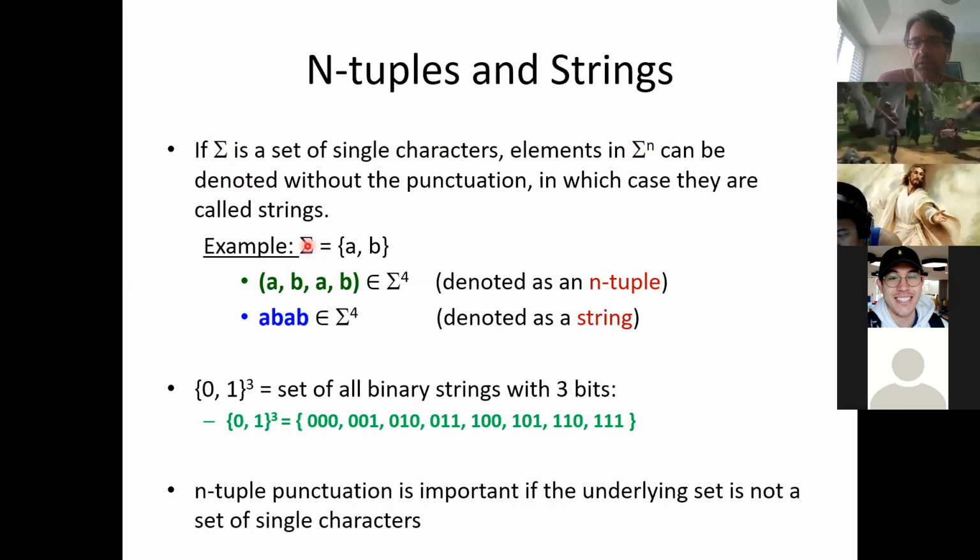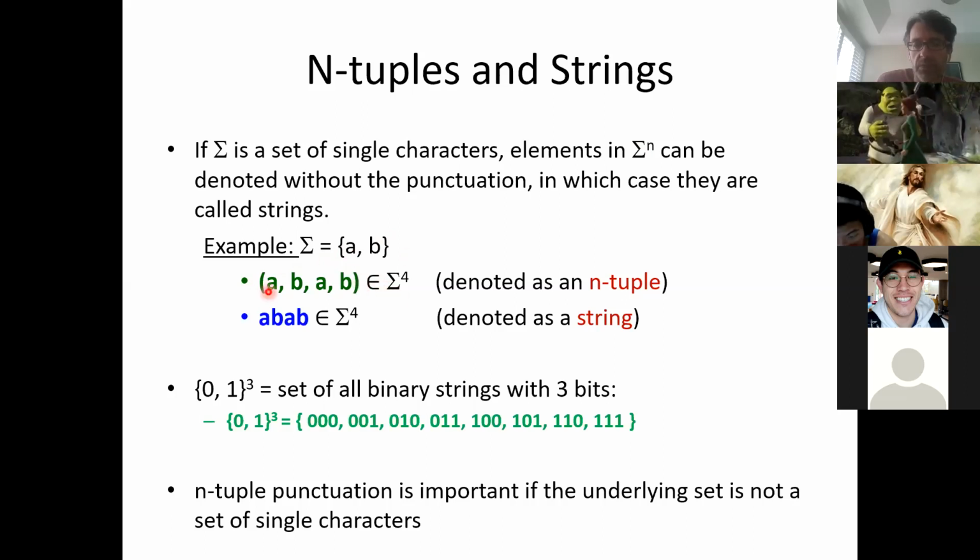For example, if your alphabet is very tiny, just a and b, I can describe elements of sigma to the fourth the way I did on the previous slide, as a sequence of 4 elements, each of which is in here. So for example, this sequence is in this set, right?